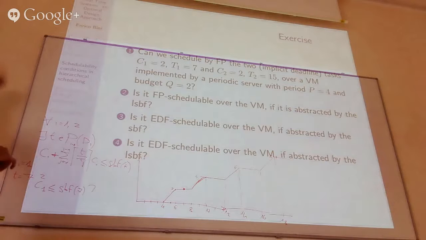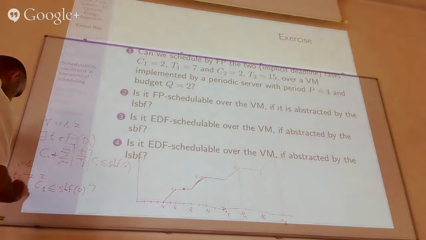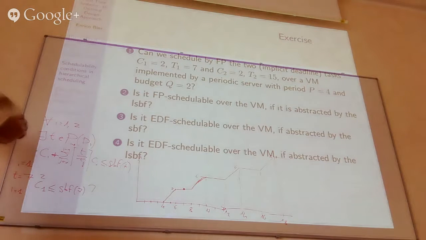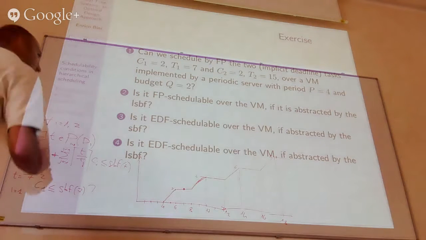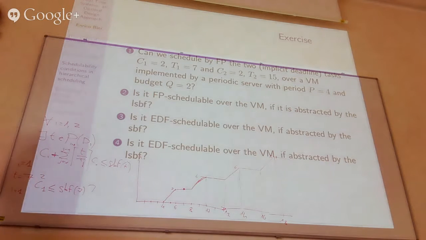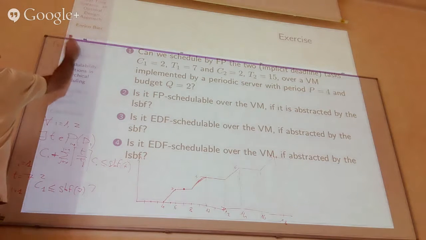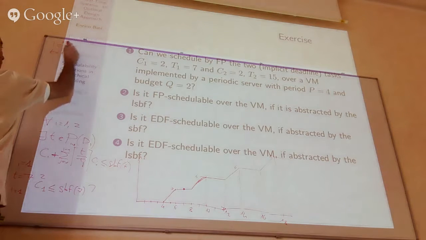So let's see if also the second task is guaranteed. i equal to 2, and the set of points, now, is composed by 14. Let's go somewhere where I have more space. I go up here. i equal to 2, t equal to 14.